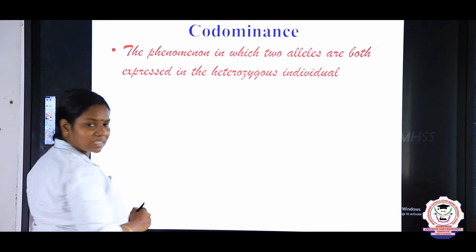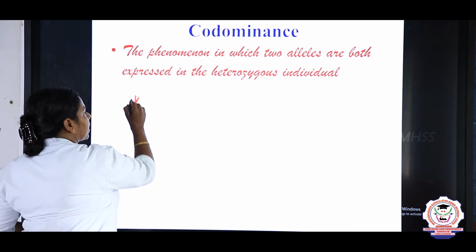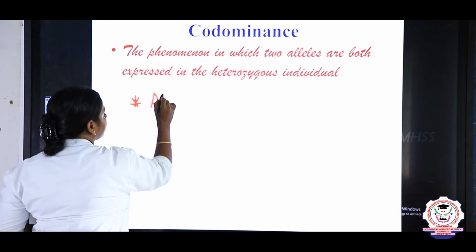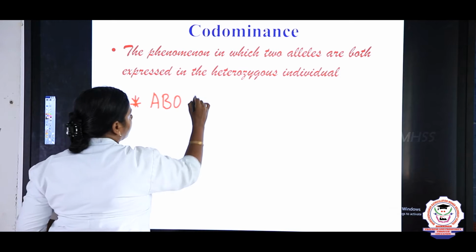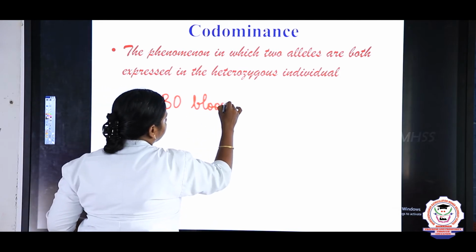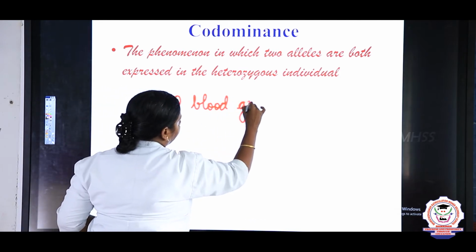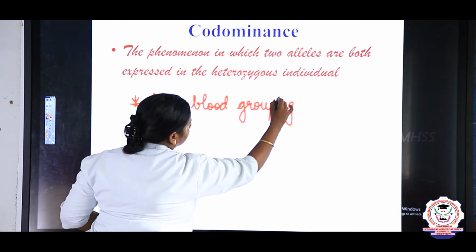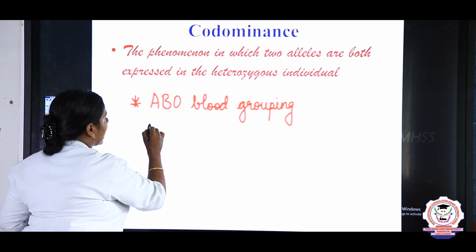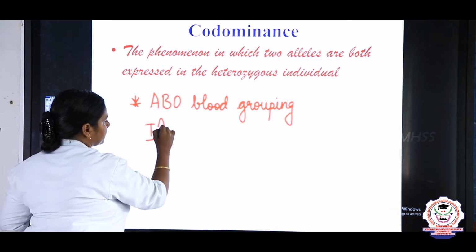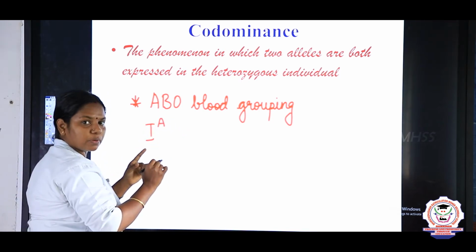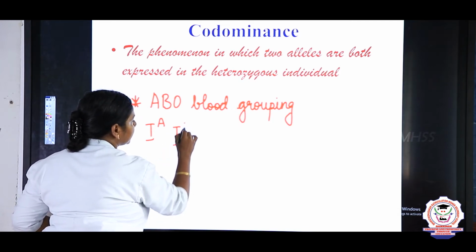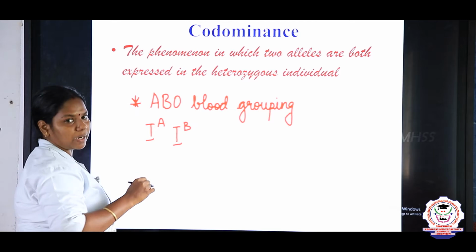The first important example is blood grouping, right? ABO blood grouping in human beings. For example, the allele IA is responsible for A blood group, and the allele IB is responsible for B blood group.